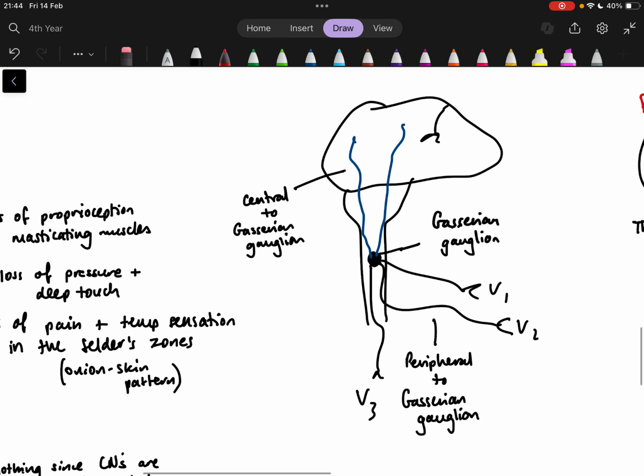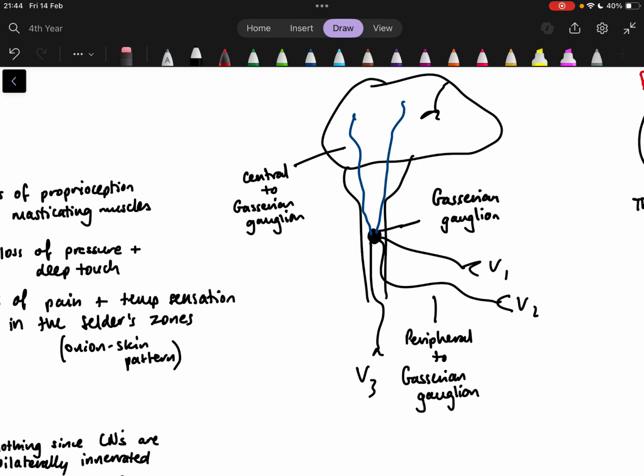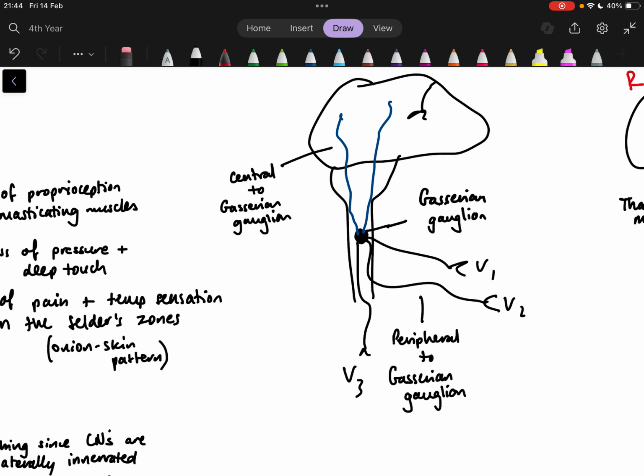Also, the Gasserian ganglion, which I told you at the start what that is, which basically gives off the axons and the bodies, whatever, to the nucleus. If there's a lesion central to the Gasserian ganglion, which basically means from the brain to that ganglion, right? Okay, you're going to get loss of all sensory functions, basically, because all the fibers are coming down to this ganglion.